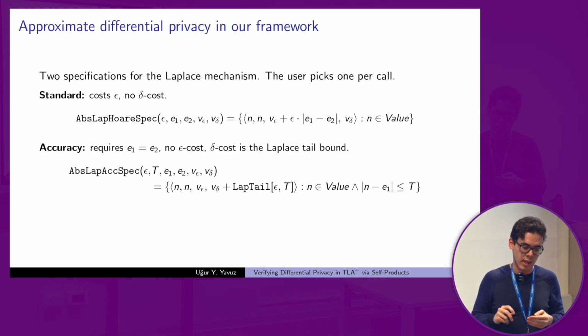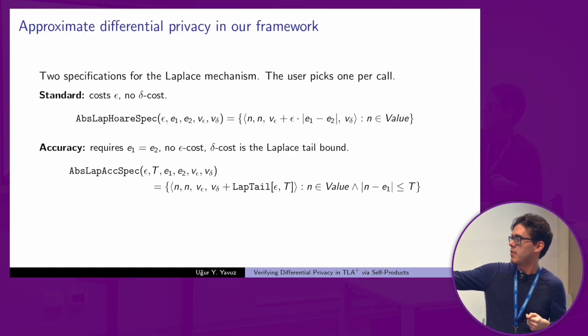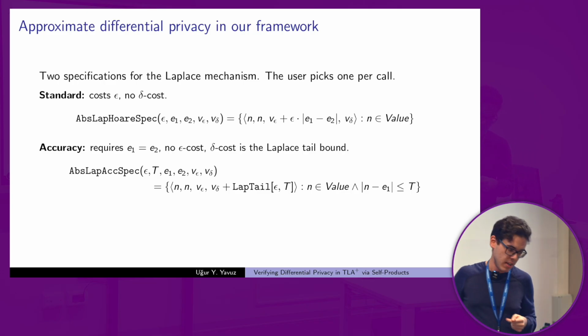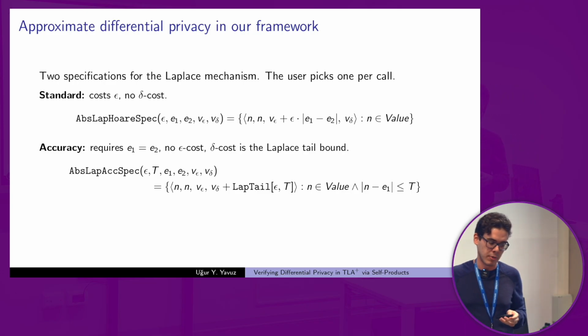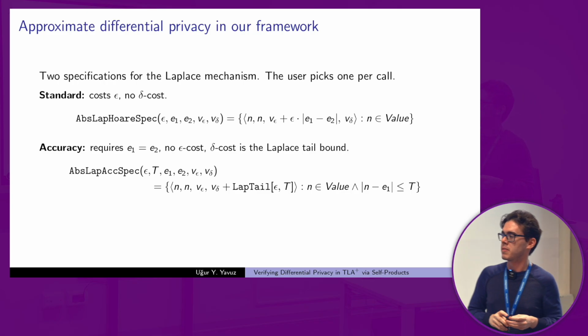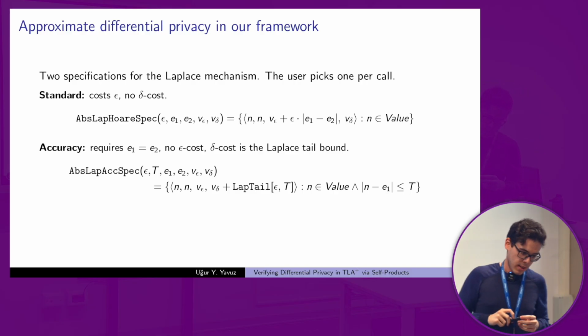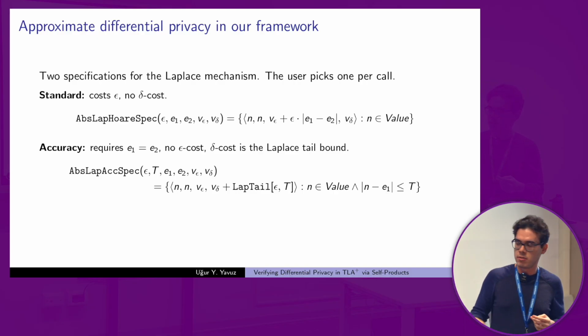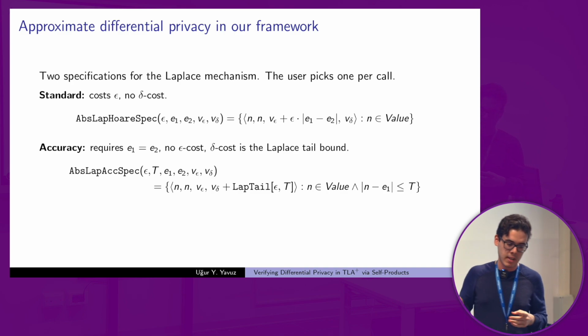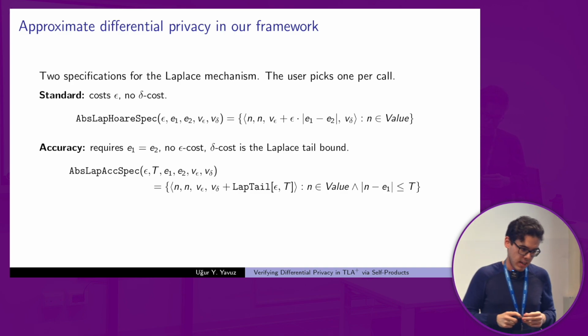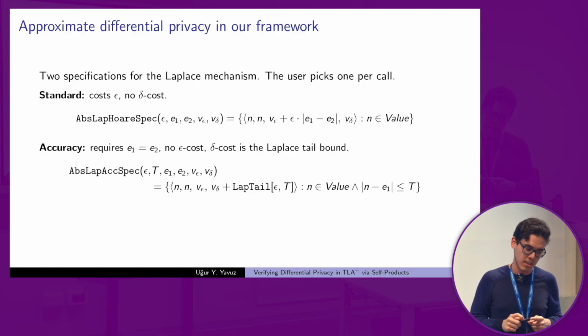And it also constrains the output value to not be an arbitrary value, but to a particular value that is within a distance t of the input for some parameter t, which is part of the spec definition. The amount it charges to v delta is called lap tail of epsilon and t. Lap tail is the standard tail bound for the discrete Laplace distribution.